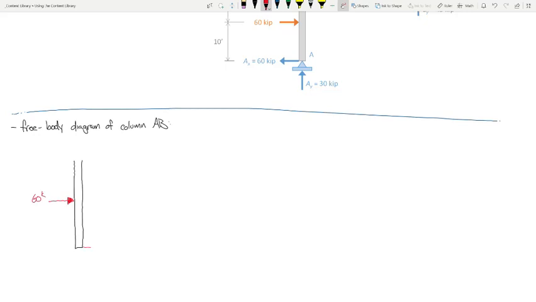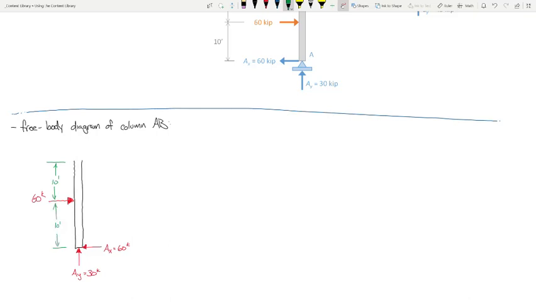And then for reactions, we'll say AX is 60 kips, and AY is 30 kips. Let me put some dimensions on here to make sure we're all on the same page. So this is 10 feet. This is 10 feet.